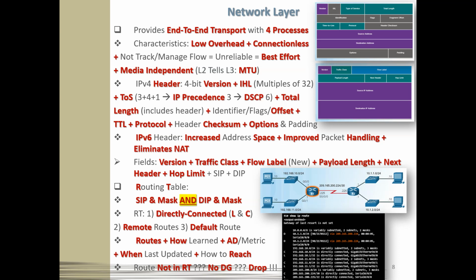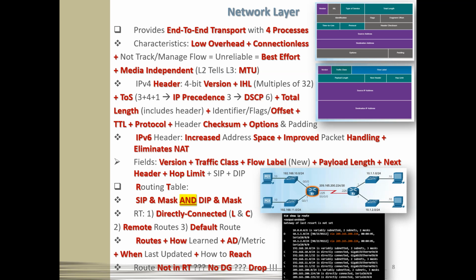So directly connected routes, these routes come from the active router interfaces. As soon as you issue the no shutdown command on the interfaces, let's say on Cisco routers in this case, when you give them IP addresses and subnet mask, and then you issue no shutdown, these routes come up as directly connected routes on the routing table.